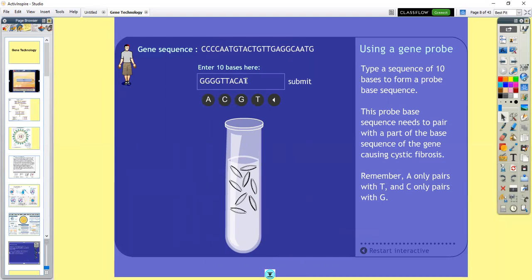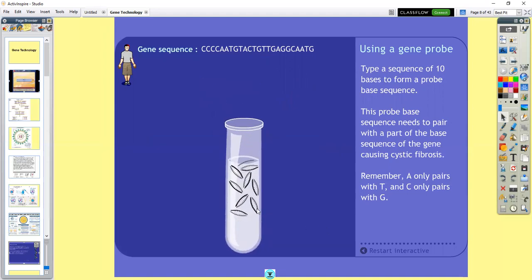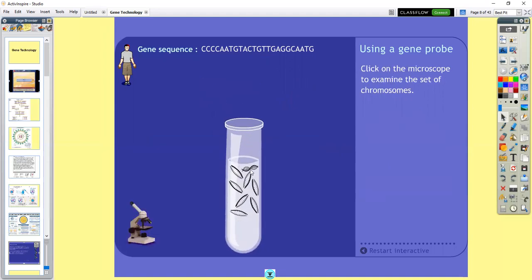We've made a piece of synthetic DNA which is complementary to those first 10 bases. Okay, so there's our gene probe. We allow that to combine with, or put it into, these bits of DNA.